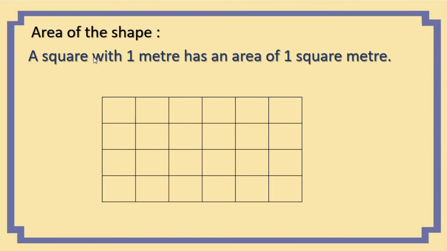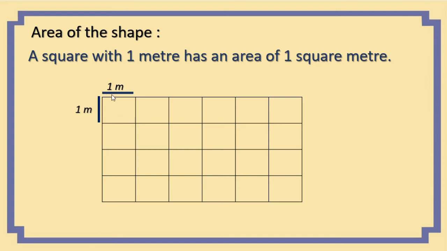See, this is nothing but 1 meter, and here also we can see this is 1 meter. This is about 1 square. Remember, so 1 into 1, 1 ones are 1. So it is 1 square meter. The area of this small square is nothing but 1 square meter.